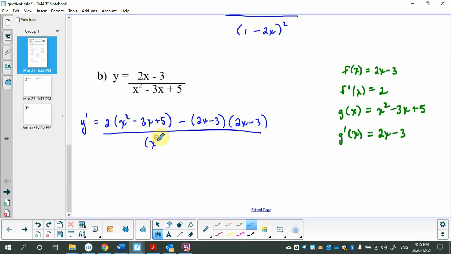the denominator squared. And again, you cannot cross out one of these brackets with one from above because that's illegal math. So now your job is to multiply everything out and collect like terms, but you have to be super careful. So 2 times x squared, 2 times negative 3x, 2 times 5, minus sign, and then FOIL.